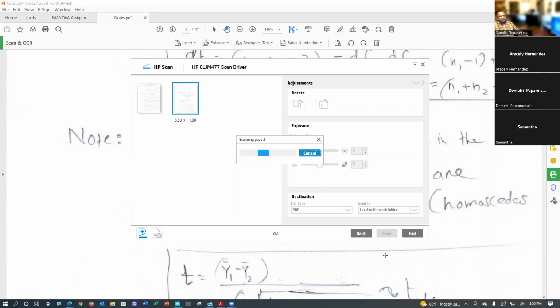I think some pages were not separated. I think they were so sticky.